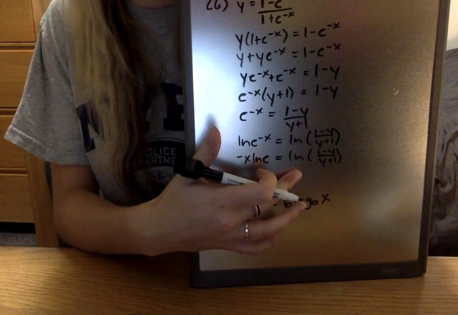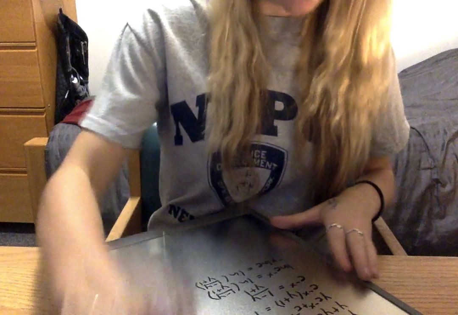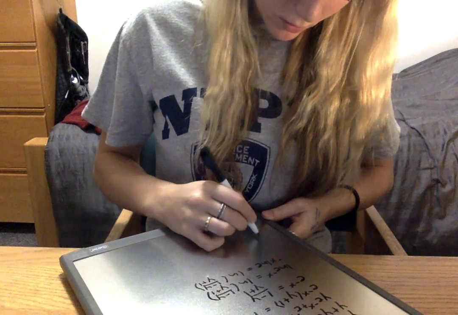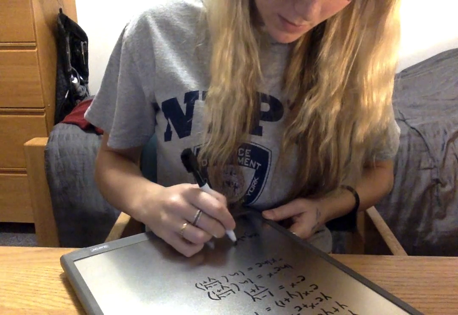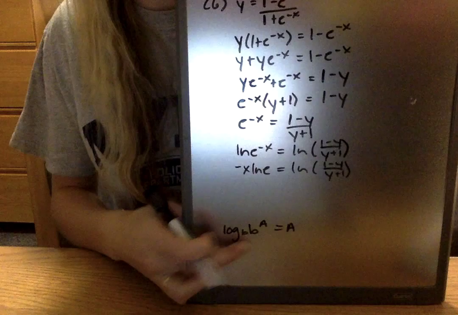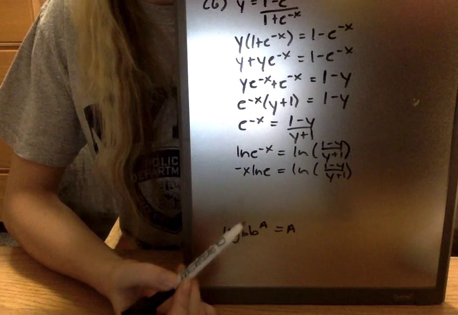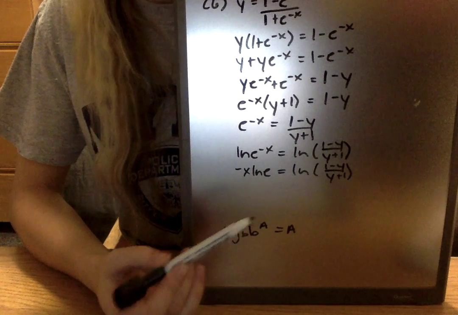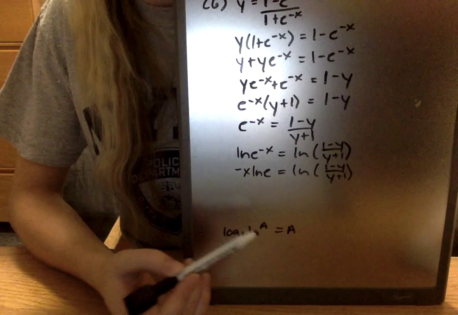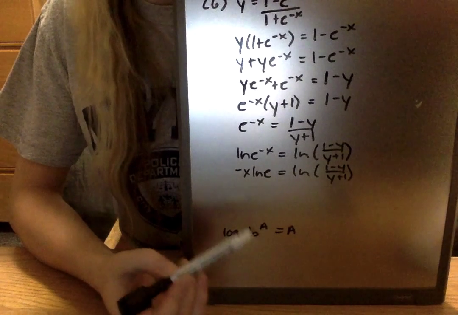This side hasn't changed. So now from here, I'm going to show you another rule regarding the ln e. Because we know that ln e equals 1. So log base b of b to the a equals a. This log rule shows that if the base of the log is equal to the number that the log is getting taken of, you refer to the exponent of that number. So in this case b is the base and the number is also equal to b, we refer to the exponent.